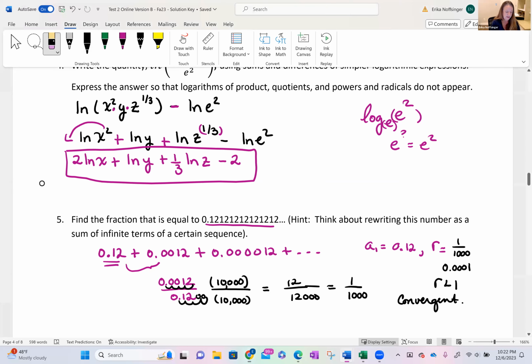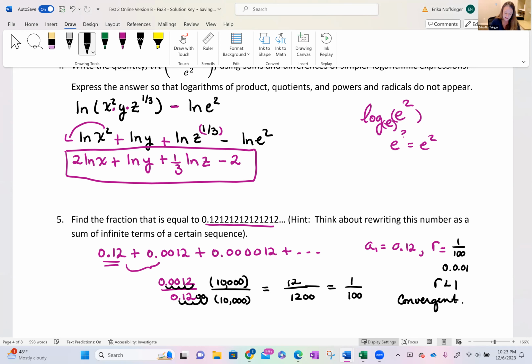When we were dividing here, I added 1 extra 0, so this is actually 1 over 100, which is 100ths, which is still less than 1.